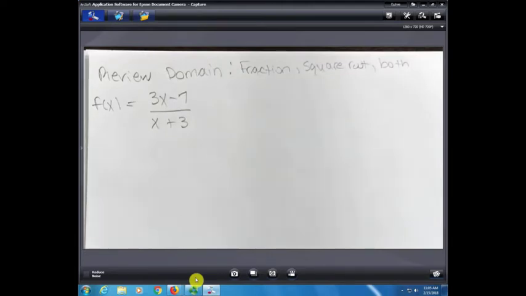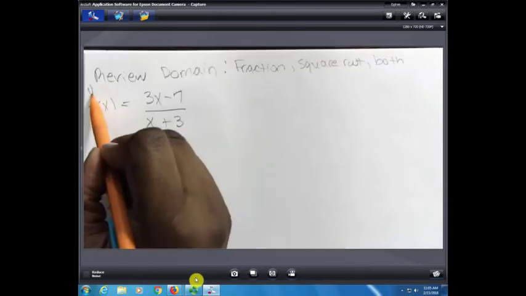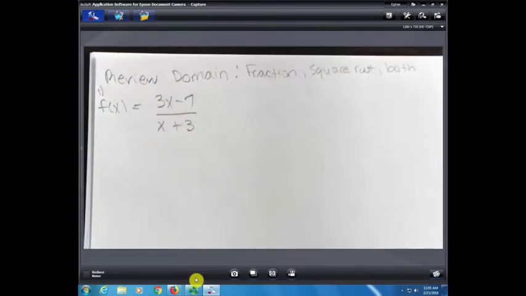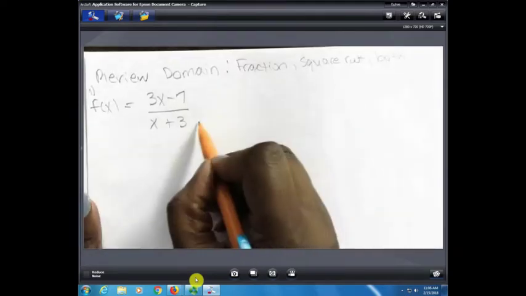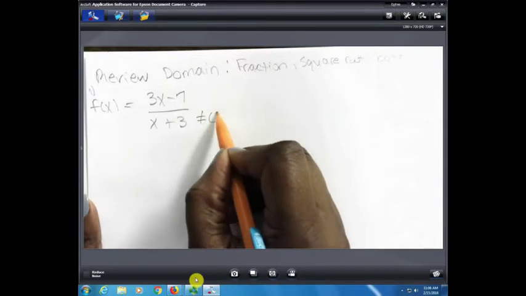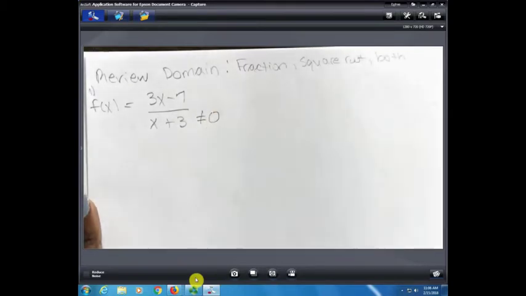Now, if we look at this number 1 problem here, it contains no square roots, but it is a fraction. Now, when we're talking about fractions, what's my criteria for fractions? If I'm talking about excluding a number from the domain, the bottom can't be 0. So for this x plus 3, this denominator cannot equal 0.